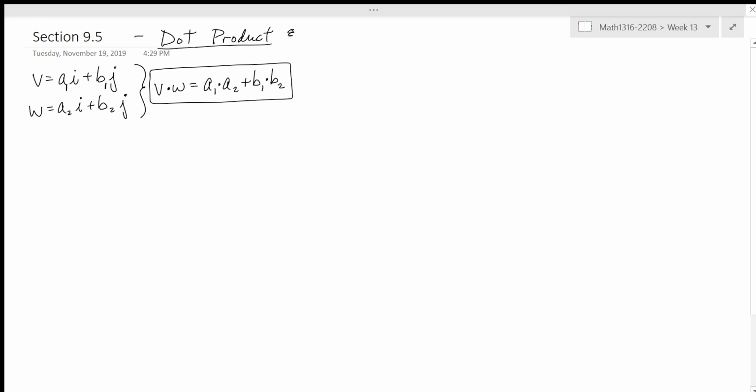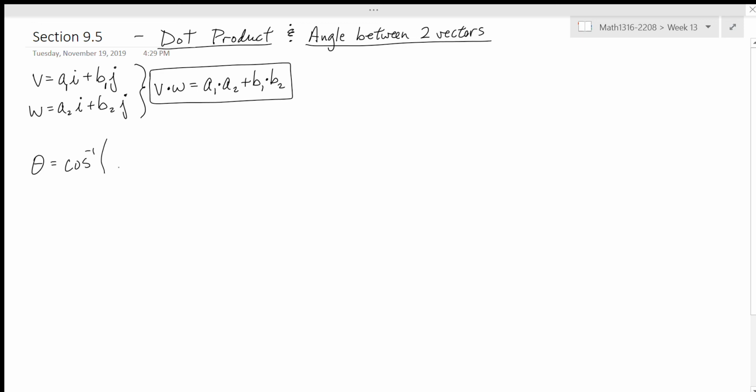And I just realized that this section has something else besides just the dot product. So let's add an and sign, dot product and the angle between two vectors. They're also going to want you to find the angle between the two vectors, and I've got a formula for that.